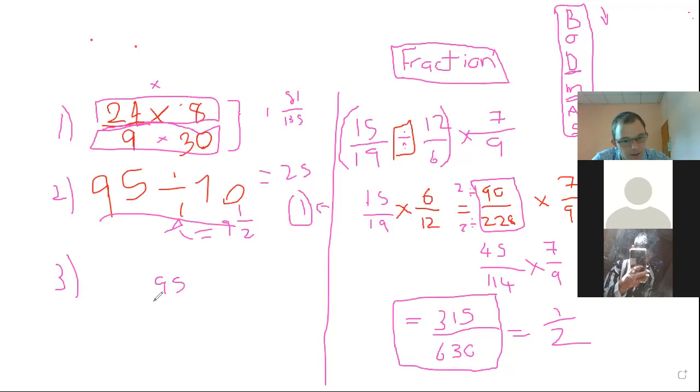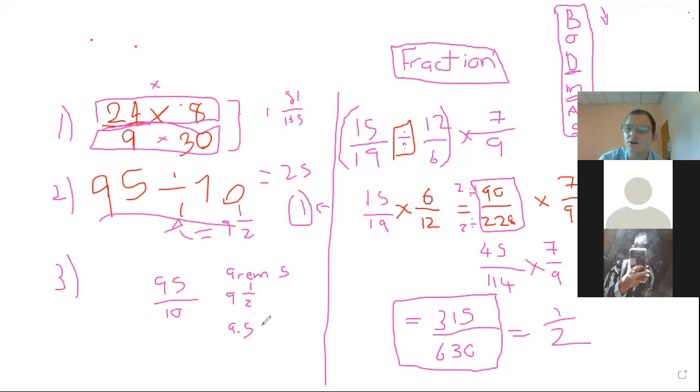But yes, like a question like this one over here. 95 divided by 10 can either be 9, remainder 5. It can be 9 and a half, or it can be 9.5 as a decimal.